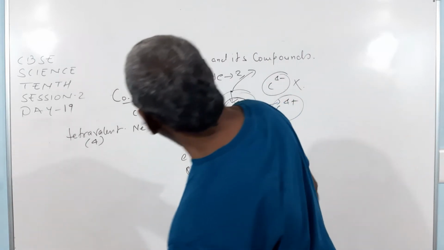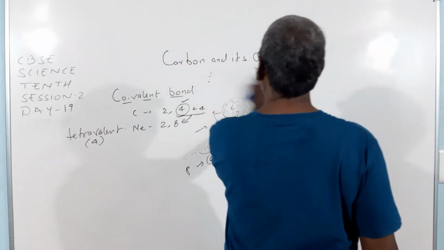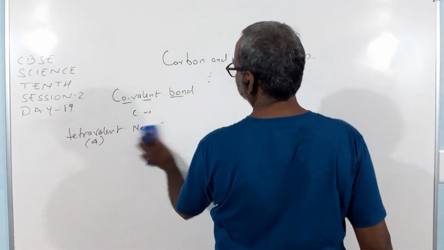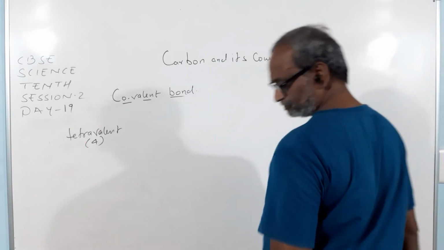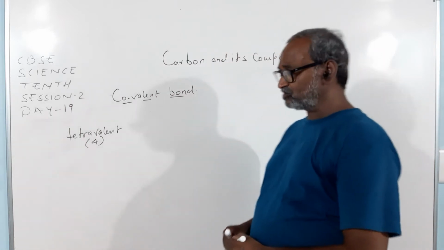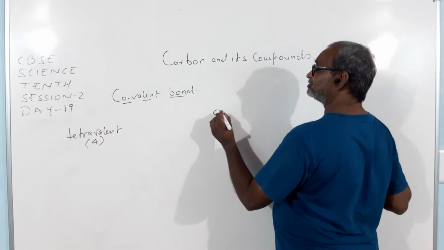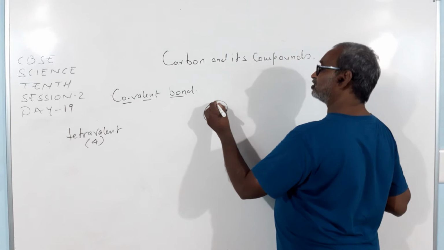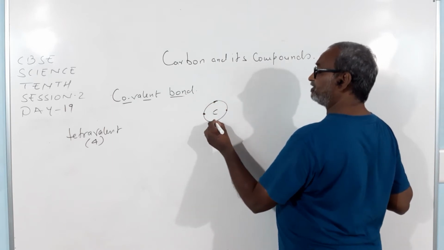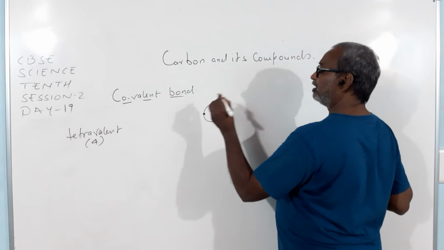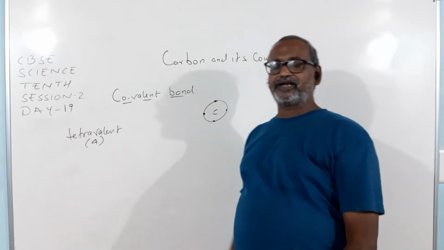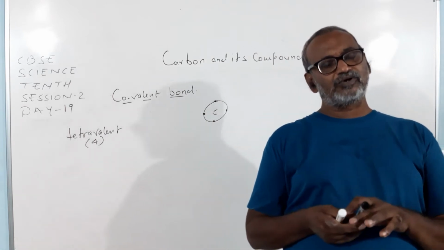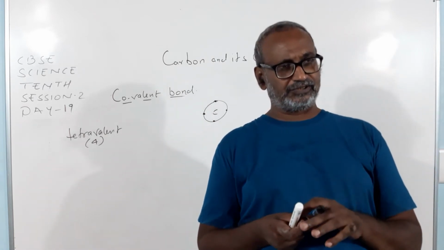So let's see how a carbon atom can acquire stable configuration. Now carbon atom has 4 electrons in its outermost orbit, and since in bonding we have already discussed this, only electrons in the outermost orbit take part in the bonding, so we will show only electrons in the outermost orbit. So there are 4 electrons.